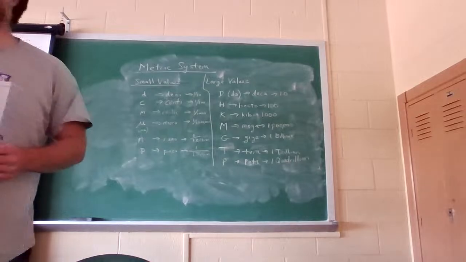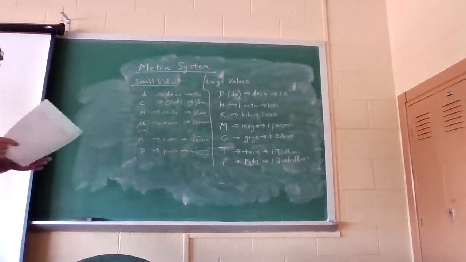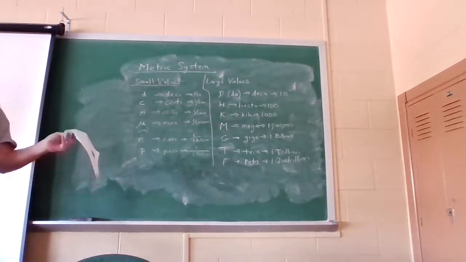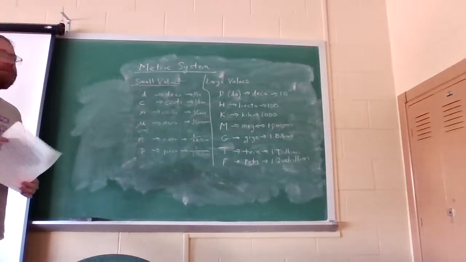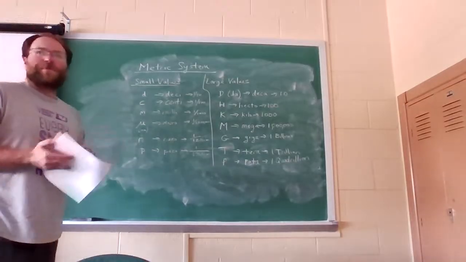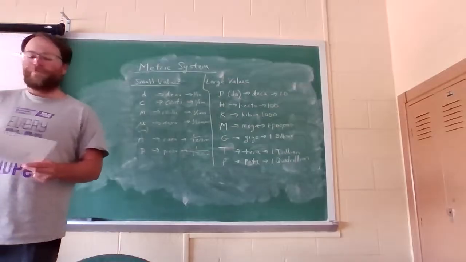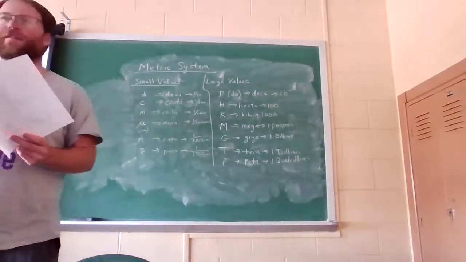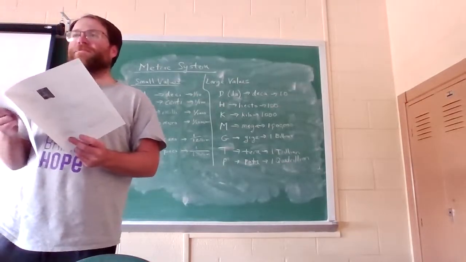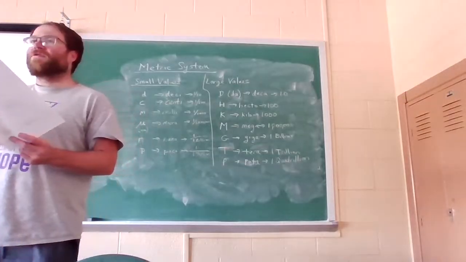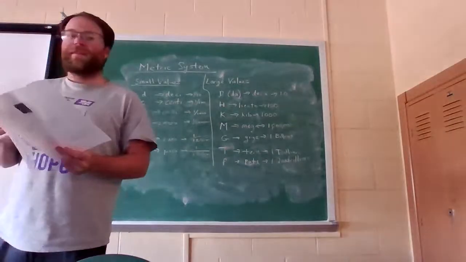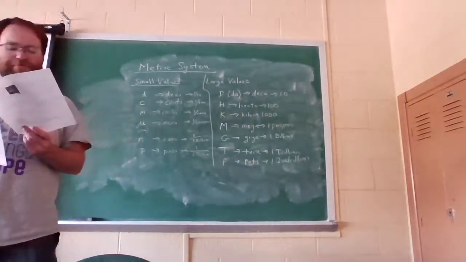Just to refresh your memory, last time we were talking about different things with conversions. So being able to go back and forth between different units of measurement, like 1 foot to 12 inches, 100 centimeters to a meter, those sorts of things.